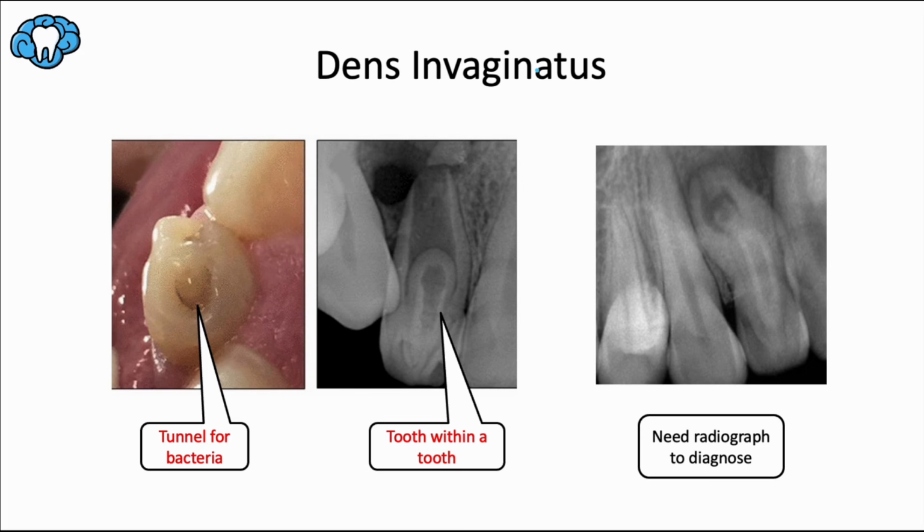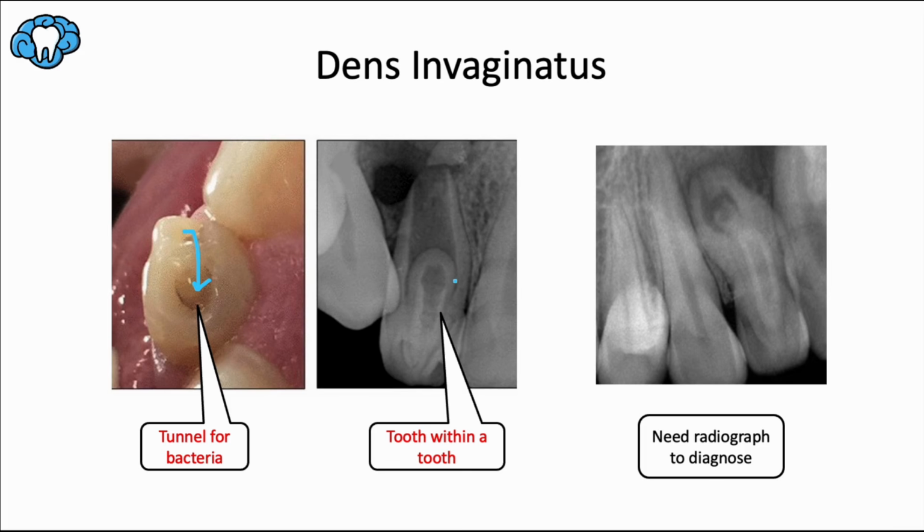Dens invaginatus is the opposite. It's caused by invagination or turning inward of the inner enamel epithelium layer during tooth development. The problem with this is caries can progress very quickly through the caved-in enamel that basically creates a tunnel for bacteria to get through.